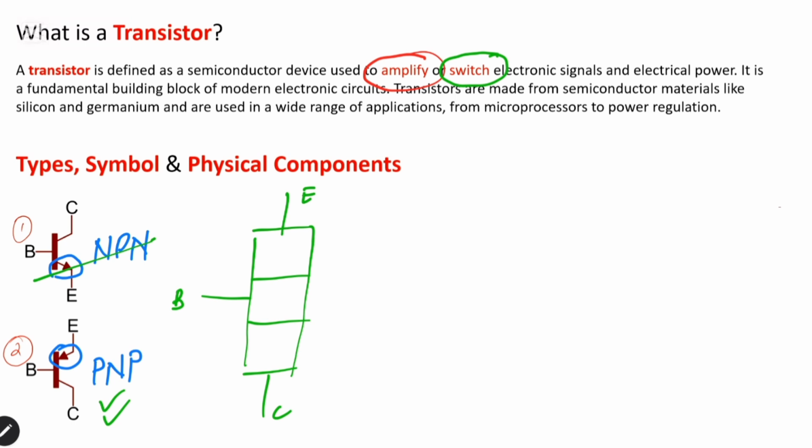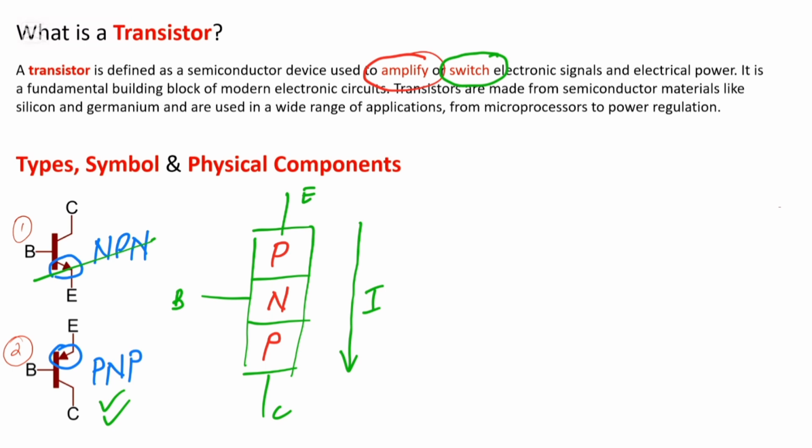The direction given from the emitter to the base to the collector indicates the direction of the flow of the current. You can now simply say the emitter is connected to the p-type material, the base is connected to the n-type, and the collector is connected to another p-type region. In that case, you have the PNP transistor.